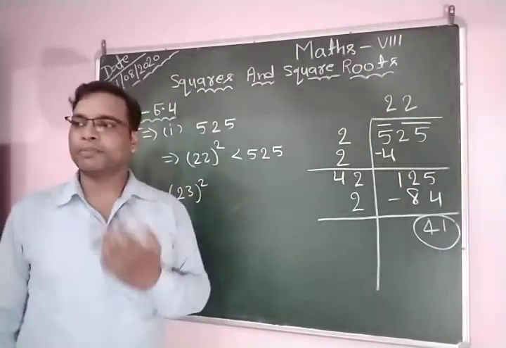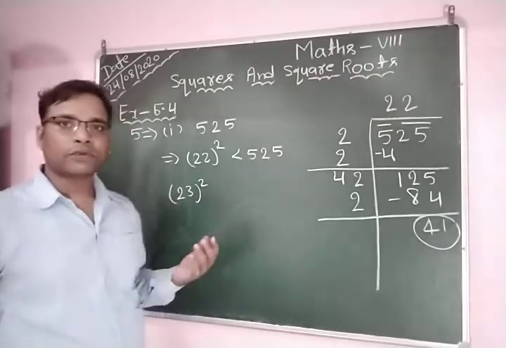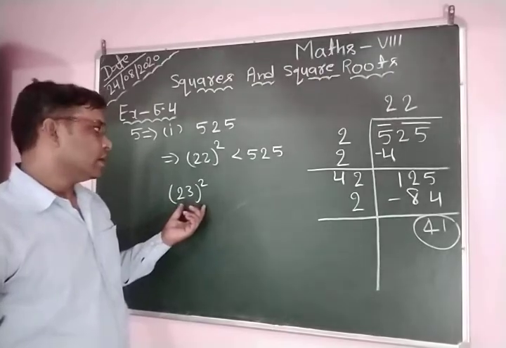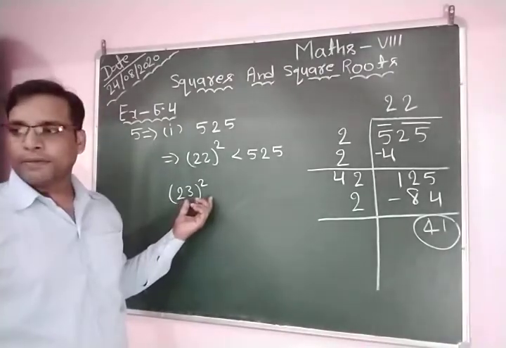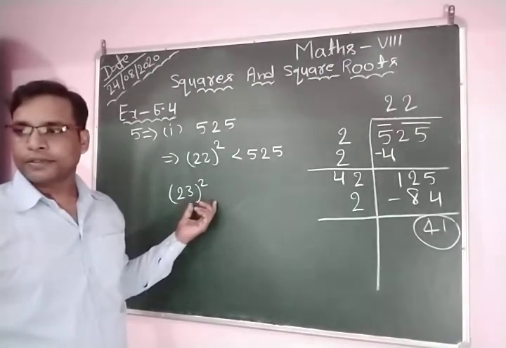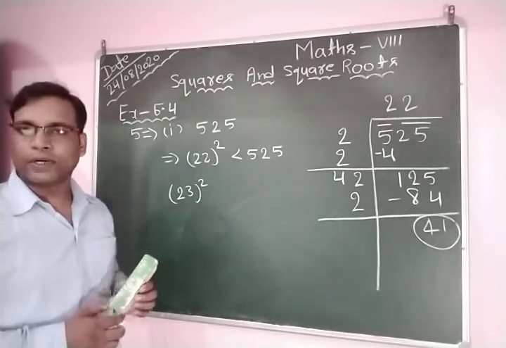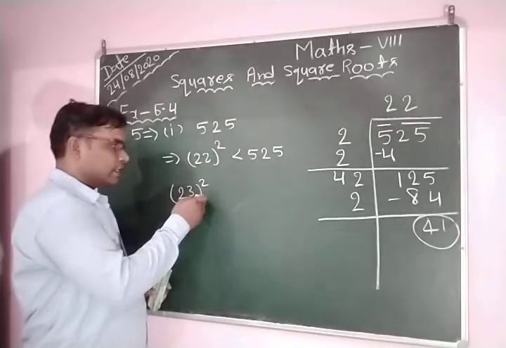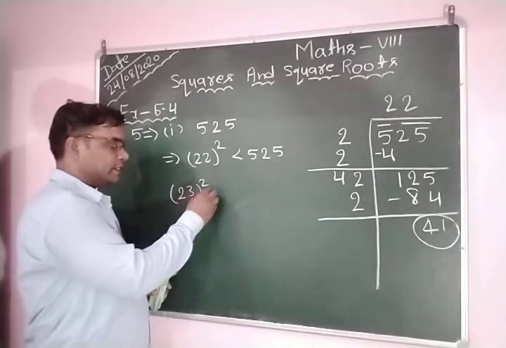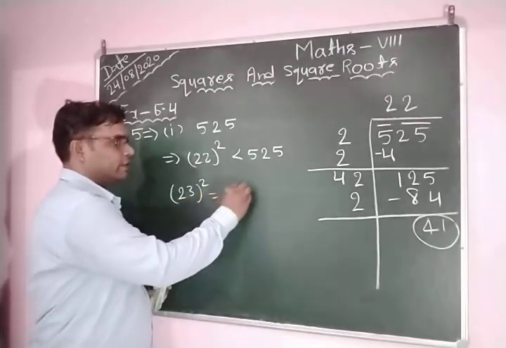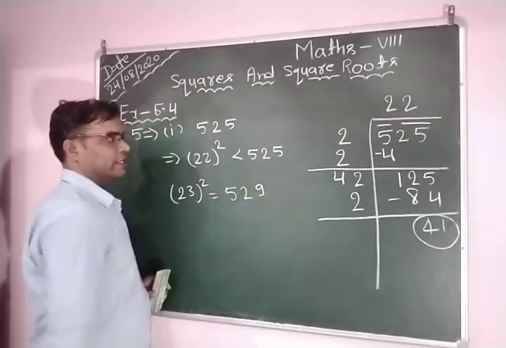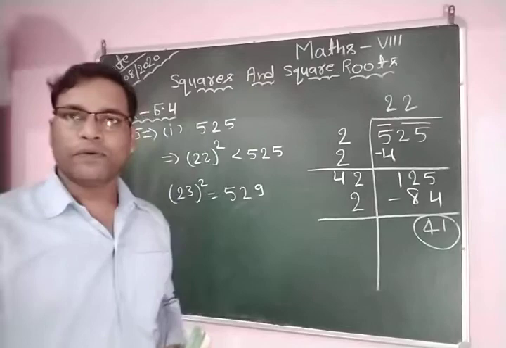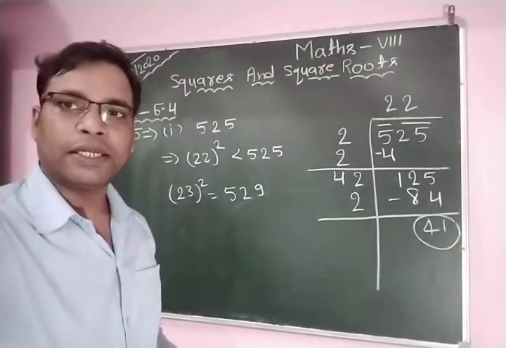So we take the next square number, 23. The square of 23 is 529.